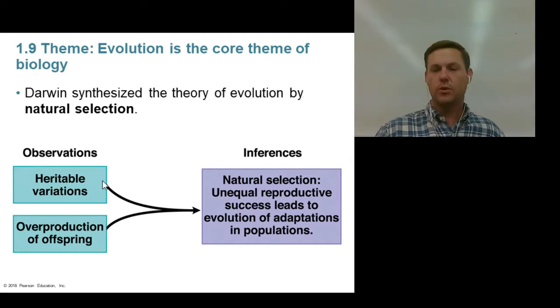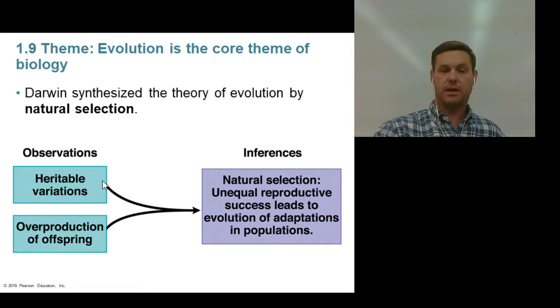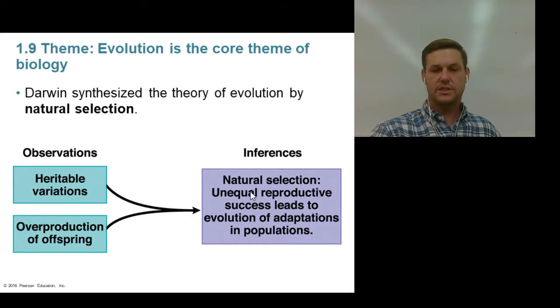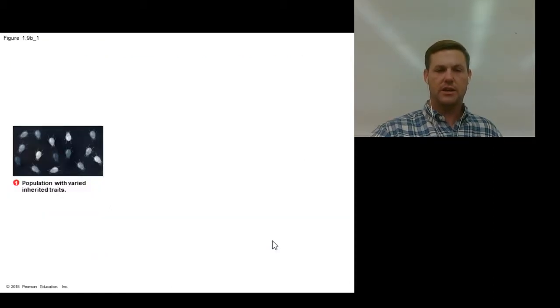There's unequal reproductive success, and that leads to evolution of adaptations within populations. These two things that Darwin observed led to him inferring natural selection. We'll get to a little bit more on that.